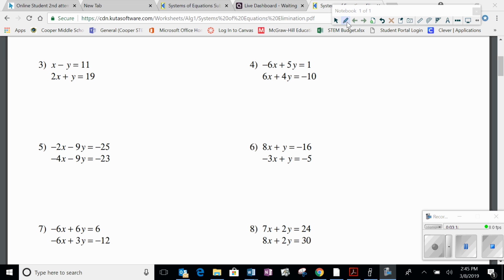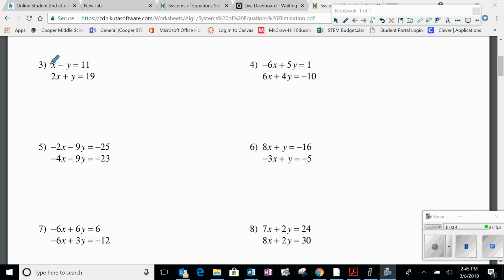For number 3, we have x minus y equals 11, and 2x plus y equals 19. So first check, are the two equations in standard form? The x values are lined up, the y values are lined up, equals the constant. Okay, so now I'm going to look at my x values and see if the coefficients are opposite of each other.